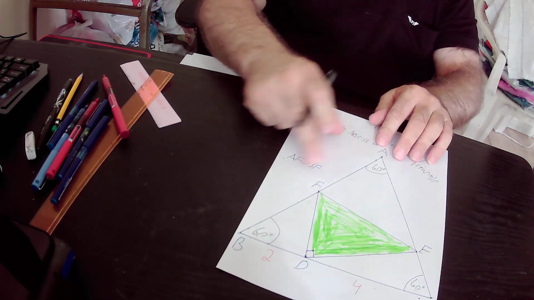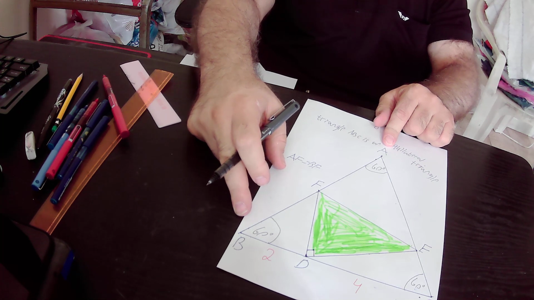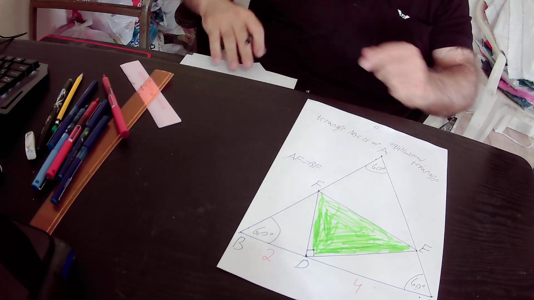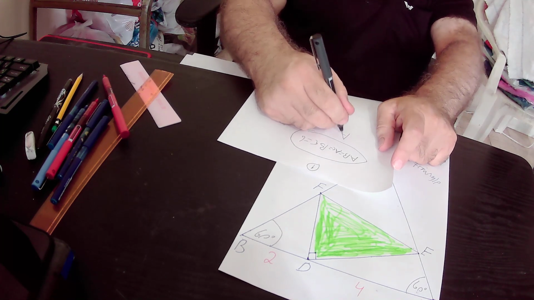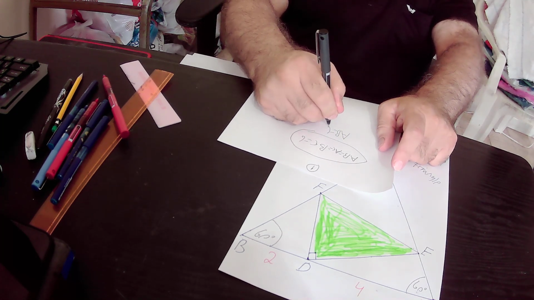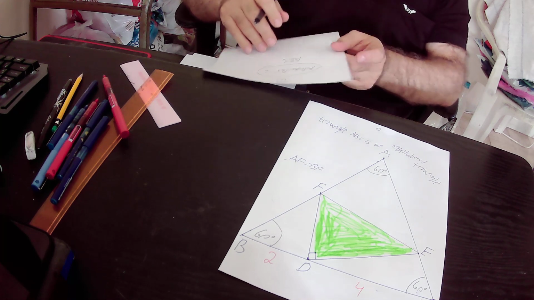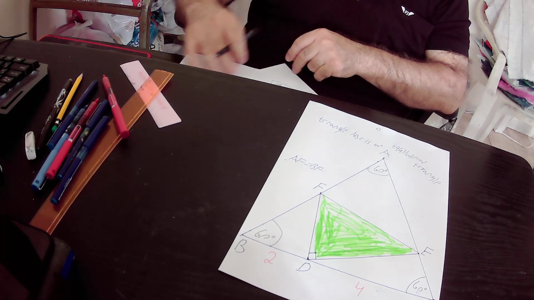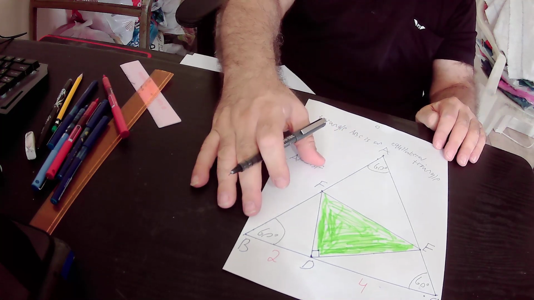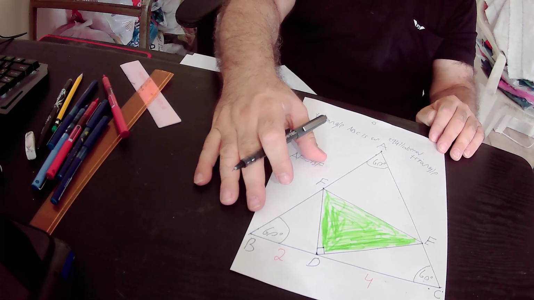So we know that side AB of the equilateral triangle equals 6 units. But from the other side we also know that AF equals BF, as given in the question.